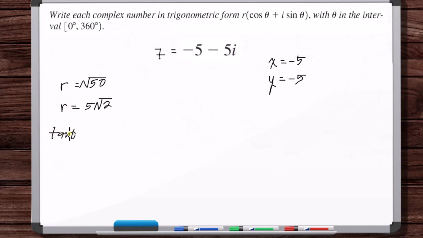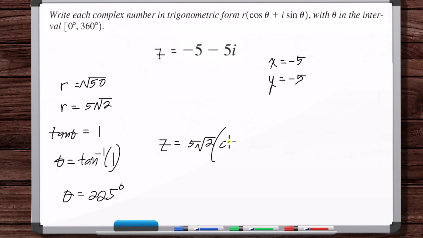Okay, tangent theta is y over x, so it's positive 1, so theta is arc tangent of positive 1, which we know is 45 degrees. But what quadrant are we in here? Minus x, minus y, we're in the third quadrant, so third quadrant with reference angle 45 is going to be 225.